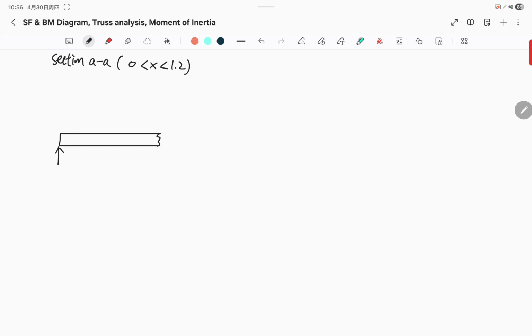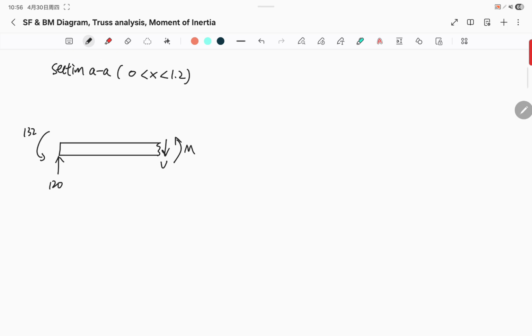We have AY. It was 120 newtons. We have this given moment. It is 132. And then we have the shear force V, bending moment M. We define that if we draw the arrows of V and M on the right-hand side of the beam, downward V and counterclockwise M are positive.